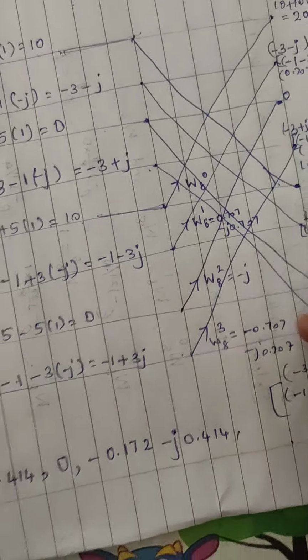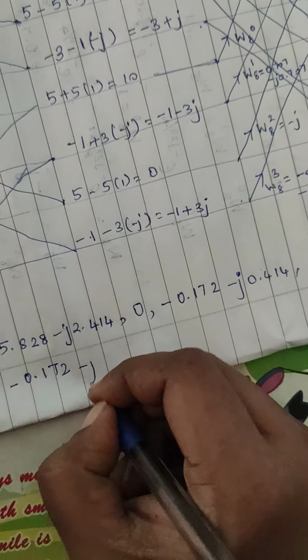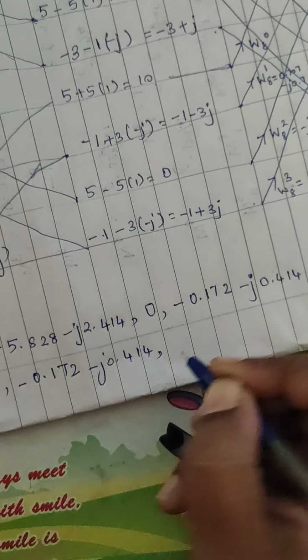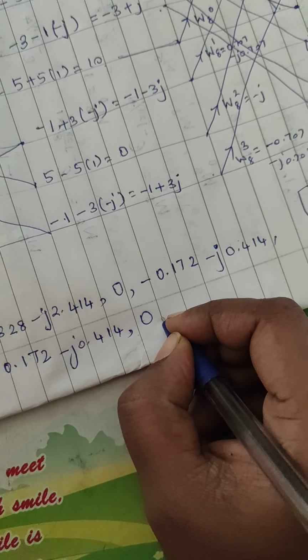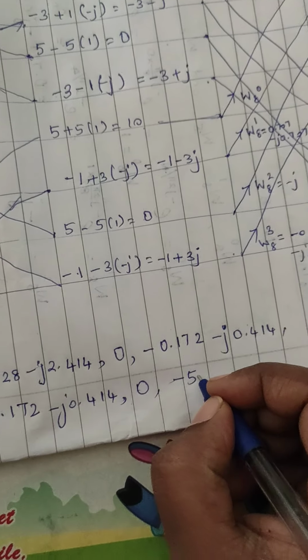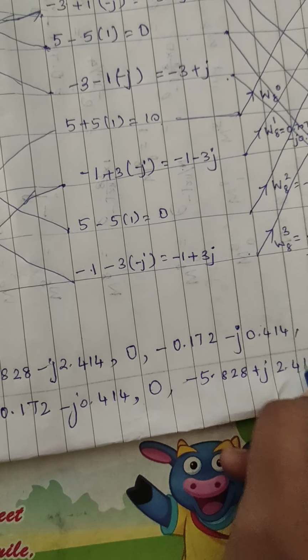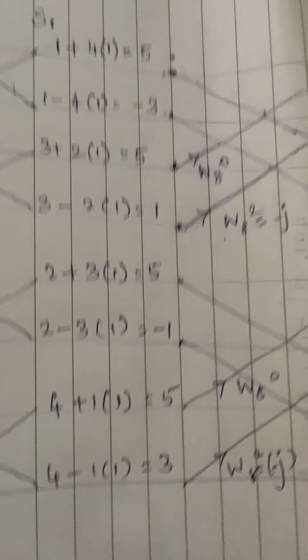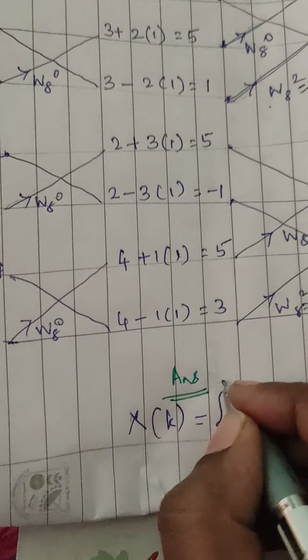What is the next one? Multiply, you will get minus 0.172 minus j 0.414, comma, again 0, comma, and the last one, if you multiply, you will get minus 5.828 plus j 2.414. So this is your final answer. So this is your DIT FFT.